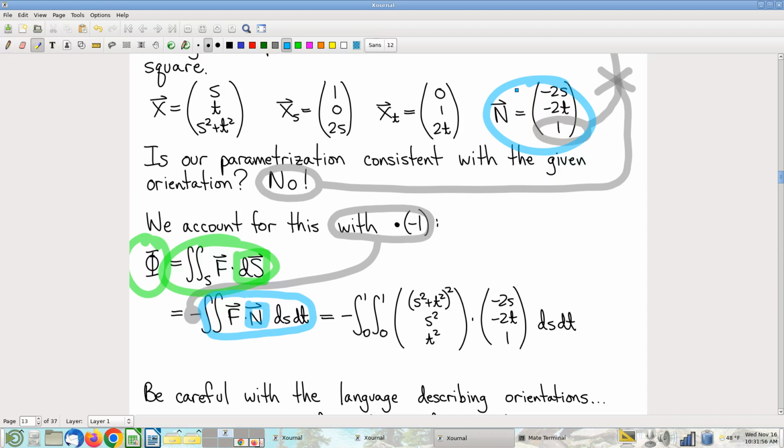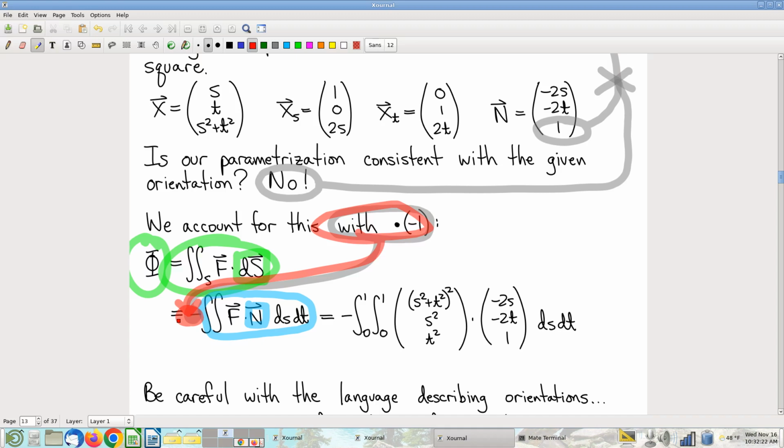So I was interested in computing flux based on the given orientation. It's when I introduce the parameterization that my mistake comes up, and so the minus sign goes there. Right, it goes in between when you were right and when you effectively wrote it backwards. Does that make sense to everybody?